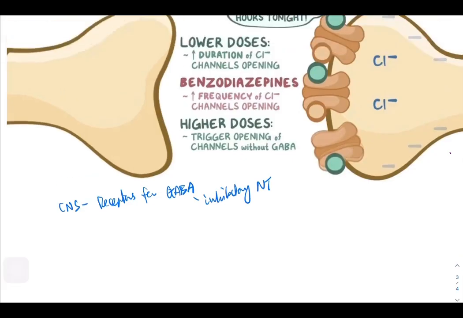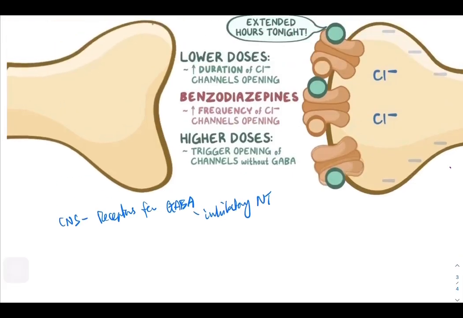When GABA is released from the presynaptic cell, or pre-neuron, it comes out and is finally received by the receptors on the postsynaptic neuron. GABA will be received here. This circle right here, that's GABA.